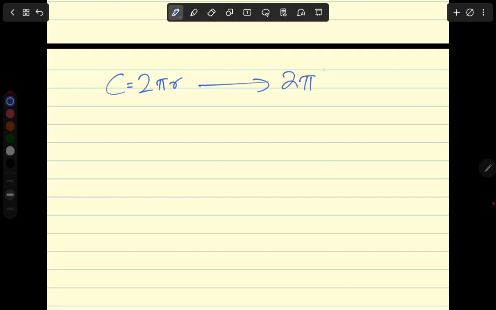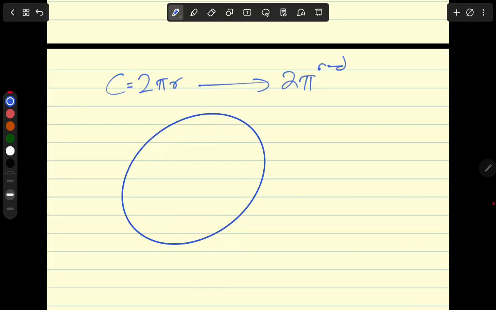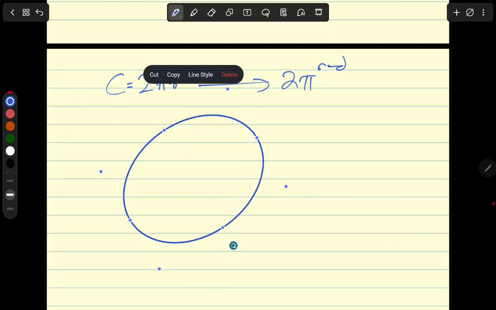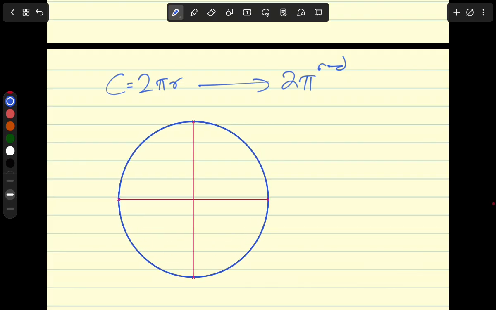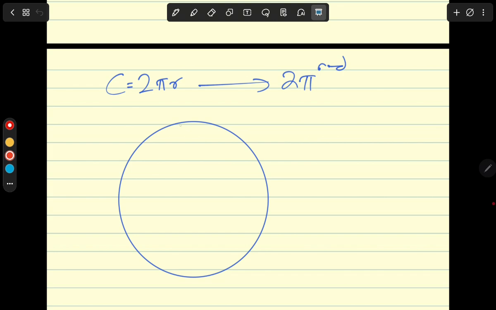So if one full revolution is 2 pi radians, what fraction of the circumference corresponds to an angle theta? If this entire revolution, okay, this doesn't look like a circle, this looks like an egg, and we don't want an egg. So if this entire thing is 2 pi, right?